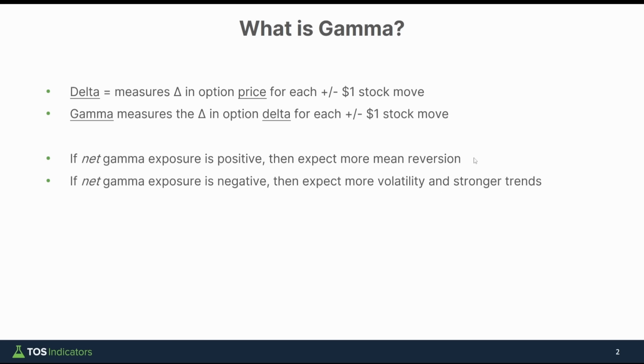Now, on the flip side, if net gamma exposure is negative, then we should be expecting a lot more volatility as price gravitates towards that particular strike price, and a lot more directional moves. The reason for this is if our net gamma exposure is negative, then a lot of the retail traders have sold the options and we actually have the options market makers who have purchased those options.